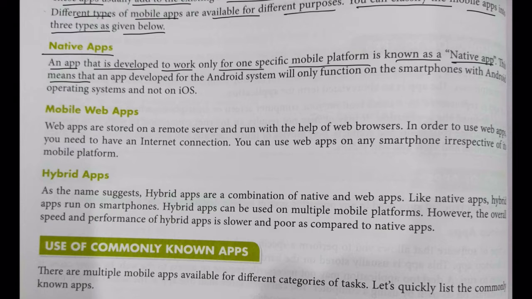This means that an app developed for the Android system will only function on smartphones with the Android operating system and not on iOS. If you want to check it out, you can try to share an application from your iOS to your Android device or vice versa.